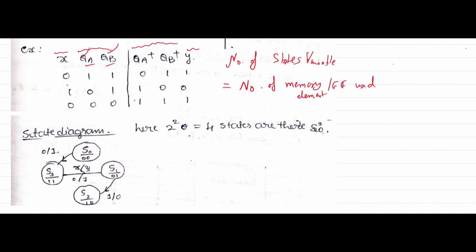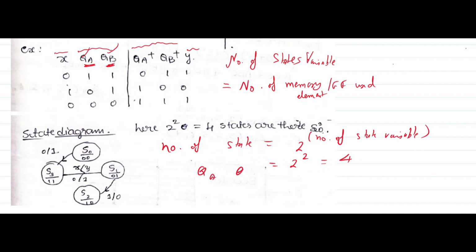Okay. So just remember one thing. The total number of states will be 2 raised to the power of the number of state variables, right? So here, if you see, the number of state variables is 2, qa and qb. So the total number of states will be 2 raised to power 2, which is 4, and we represent these states by qa qb.